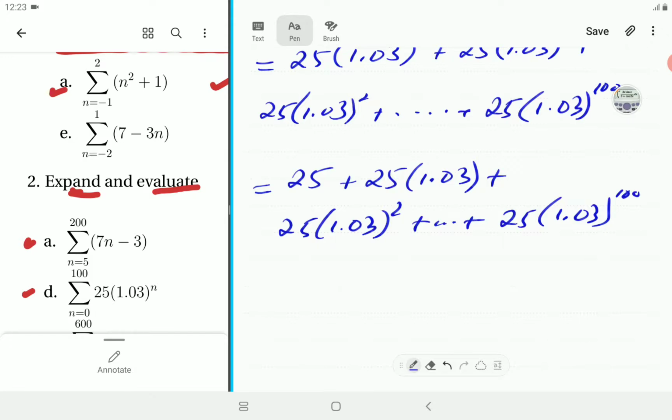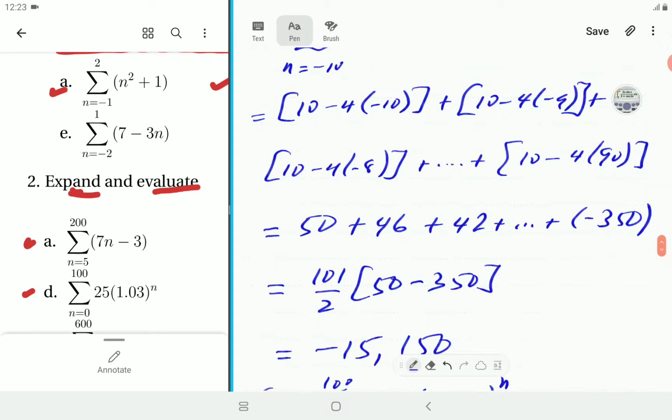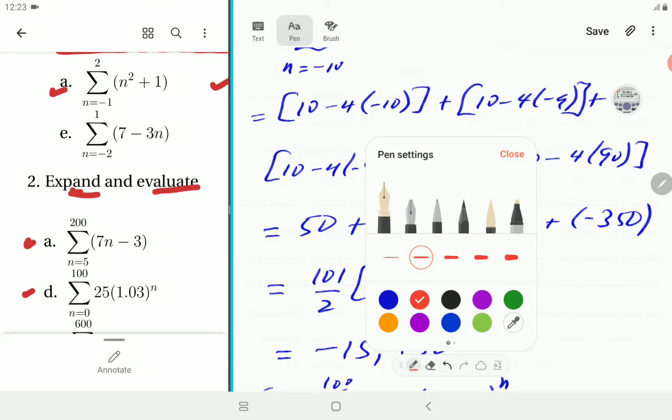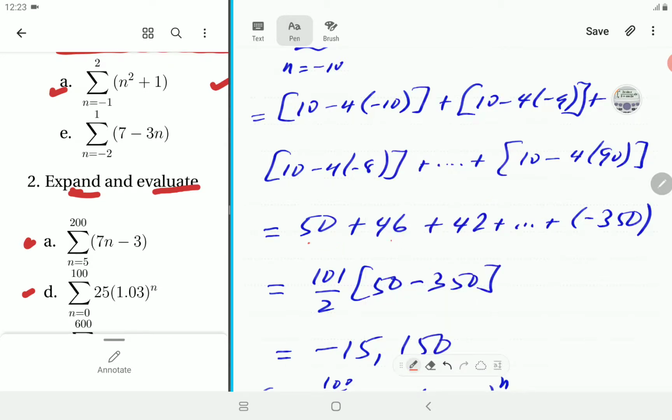Now, this one is not going to be an AP. Let's see. Yeah, we didn't talk about it being an AP, but if you work out the differences here, you're going to see that 50 and 46, the difference is negative 4. 46 and 42, negative 4.